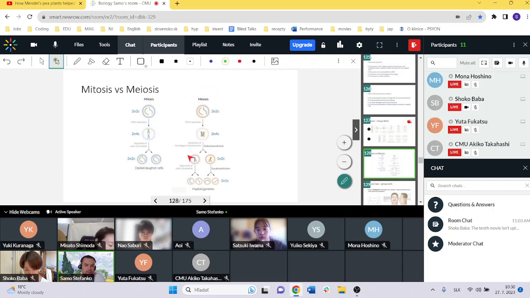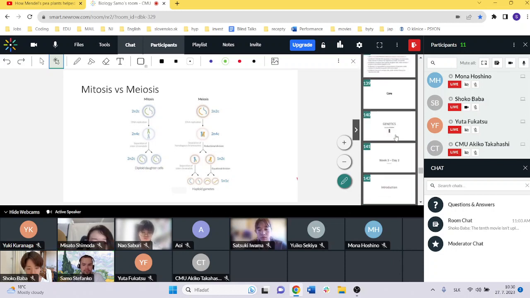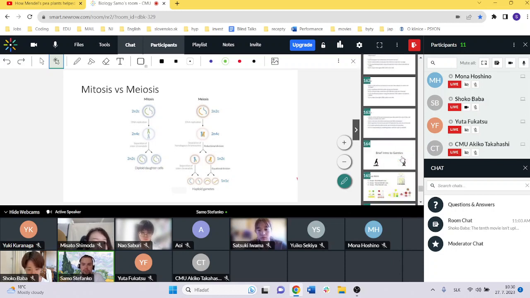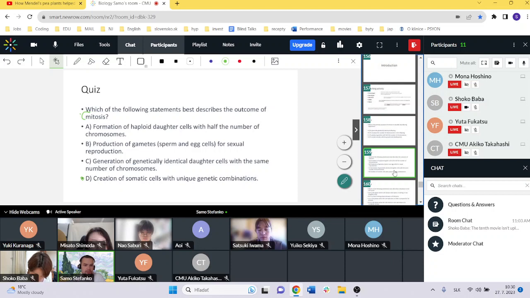However, in meiosis, we have four haploid, not identical, but different cells. Perfect. So if we see our question one more time, which of the following statements best describes the outcome of mitosis, statement A definitely is not the right one. Formation of haploid daughter cells with half the number of chromosomes would be correct if we are discussing meiosis.